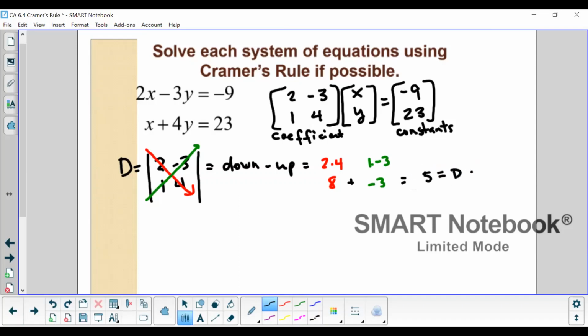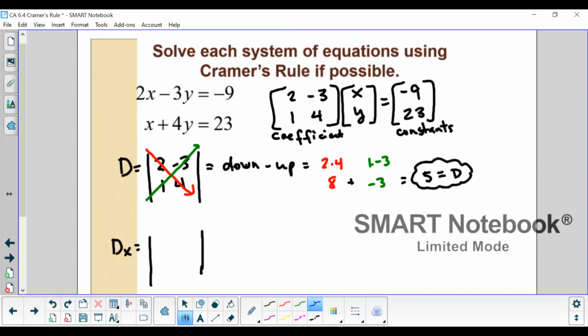Now, it's good that it doesn't equal 0. If it equaled 0, we would stop right now and say there's no solution. But it doesn't, so we can move on. So now here's the new kind of determinant, the D sub x. I'm going to do straight lines to indicate a determinant.